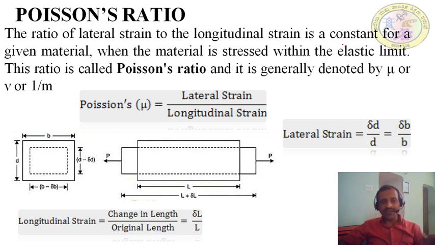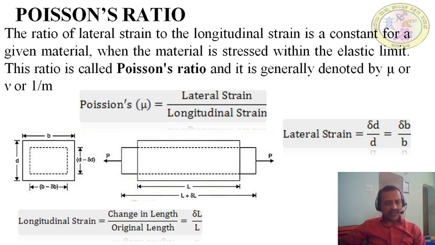This ratio is called Poisson's ratio, and it is generally denoted by the Greek letter mu or nu, or 1 by m.